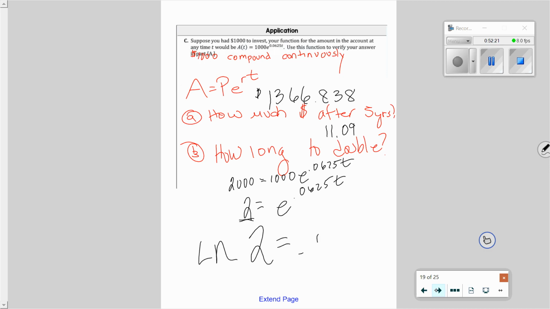Natural log of 2 equals 0.0625T, and we're dividing by 0.0625, right? Thinking towards your quizzes, if I gave you a calculator, you would totally get decimals for that. If I didn't give you a calculator, then you would just leave it like this in your log form. Okay, is that okay?